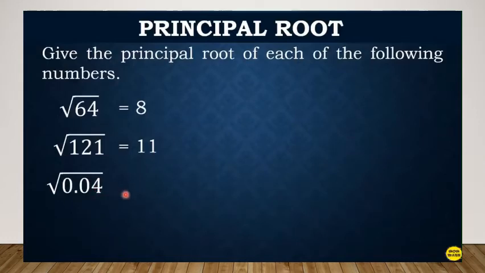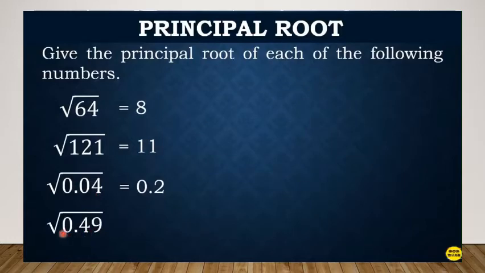So therefore, the square root of 0.04 is 0.2 because 2 times 2 is 4. Okay, bakit may 0 pa dito? Kasi we need to write this in 2 decimal places kasi ito ay 1 decimal, di ba dalawa to? 0.2 times 0.2, so 2 decimal places siya. So kaya dapat, kaya ito siya. Ito yung product niya.